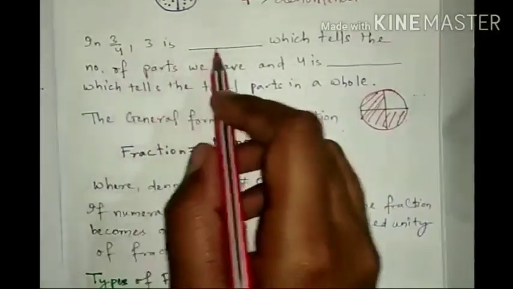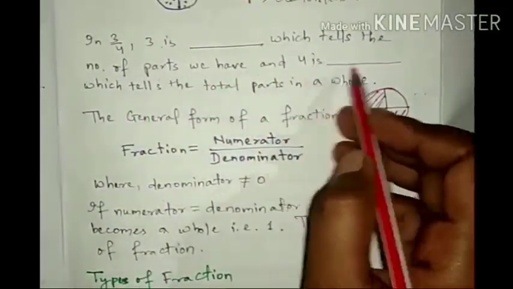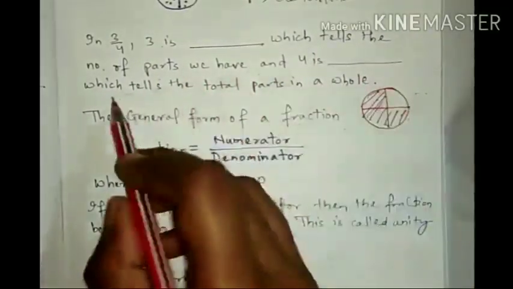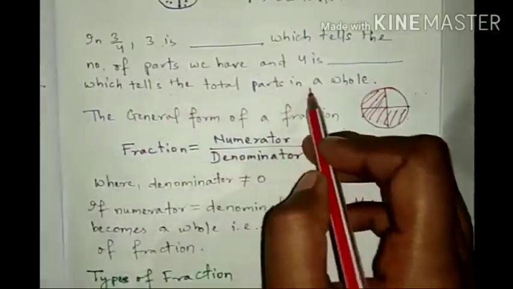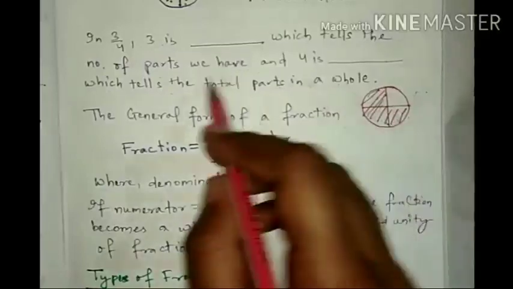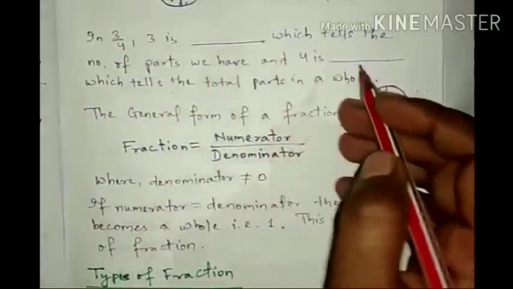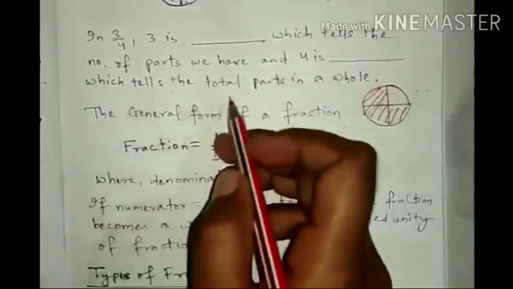So 3 is the numerator, which tells about the number of parts we have, and 4 is the denominator, which tells about the total parts in a whole. In a whole, how many parts are there? Total parts 4, but we have only 3. So 3 is the numerator and 4 is the denominator.